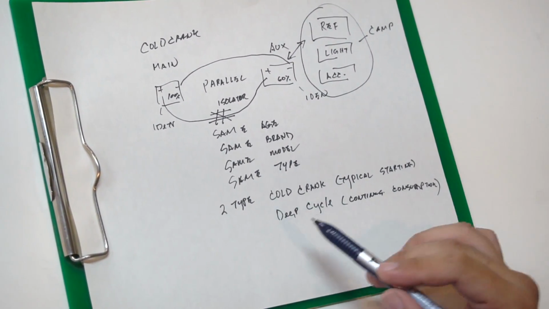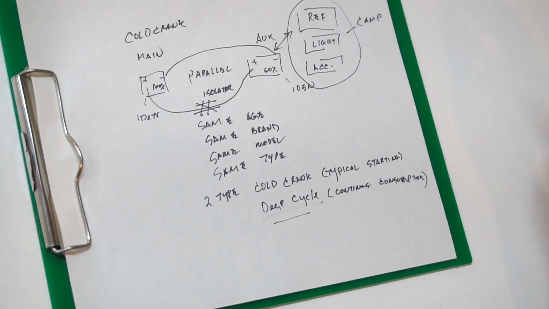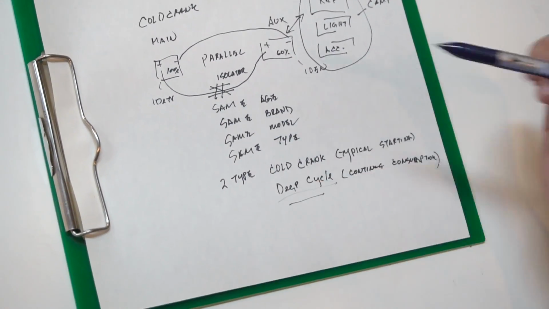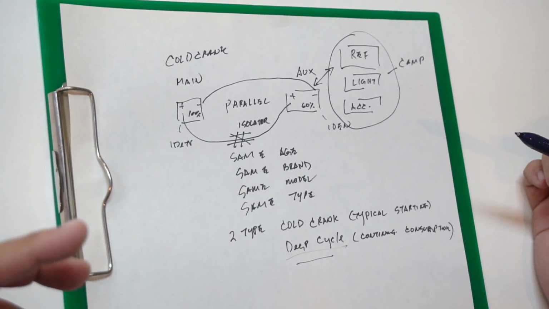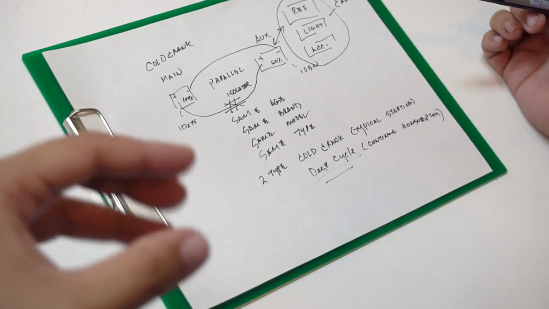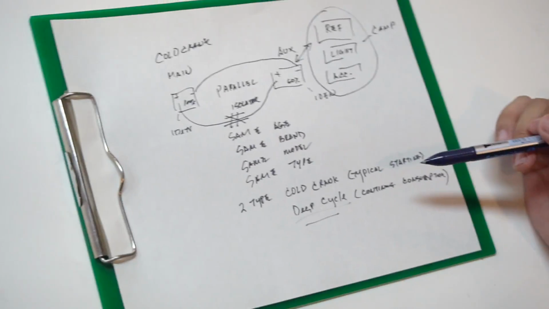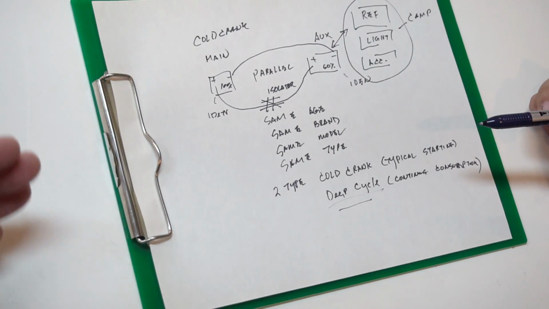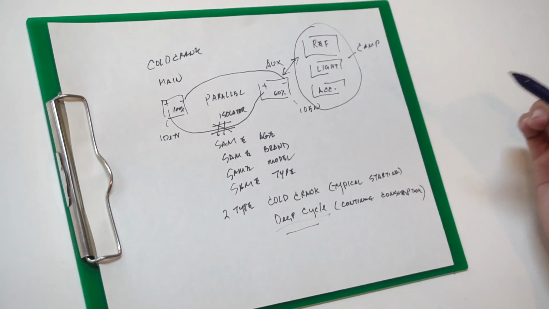You need a deep cycle battery for this use. Bakit? Characteristic ng cold crank: cold crank gives you a large amount of surge of energy in a short period of time. Okay. Ang deep cycle gives you continuous draw of small current for a long period of time.